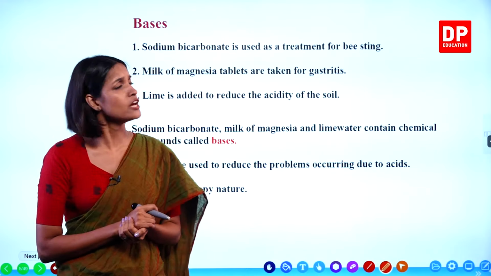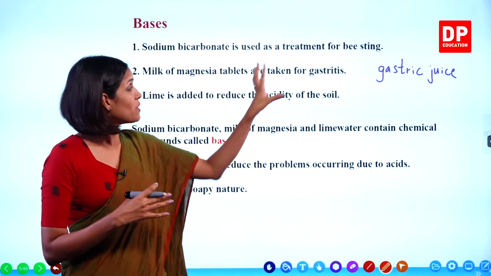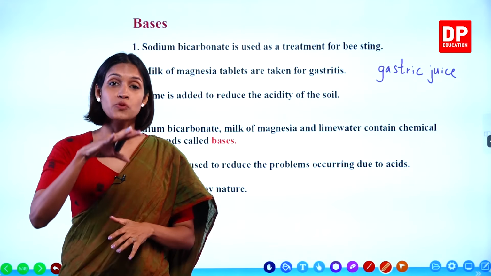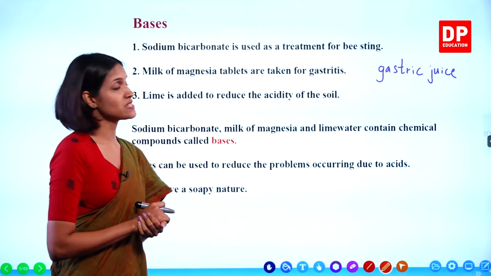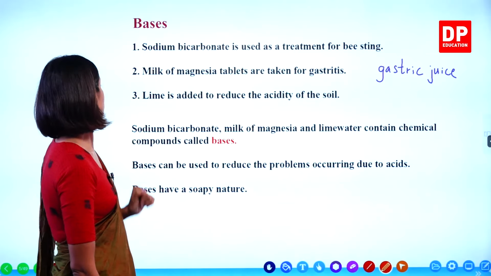It's a certain medicine. It contains a base. So when you take this milk of magnesia tablets, it mixes with the hydrochloric acid, and the properties or the amounts of hydrochloric acid are brought down by the bases present in this milk of magnesia.